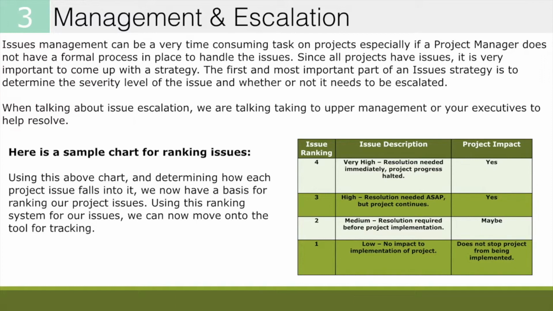So what you want to do is put a severity level around these issues. Therefore, when you talk about escalation, if you have a severity level and a ranking, then you'll know which ones need to be escalated up and which ones can be handled at the team level. When talking about issue escalation, we're talking about taking it to upper management or executives to help resolve. Some things can be done at the team level, and some things, frankly, do have to be escalated.